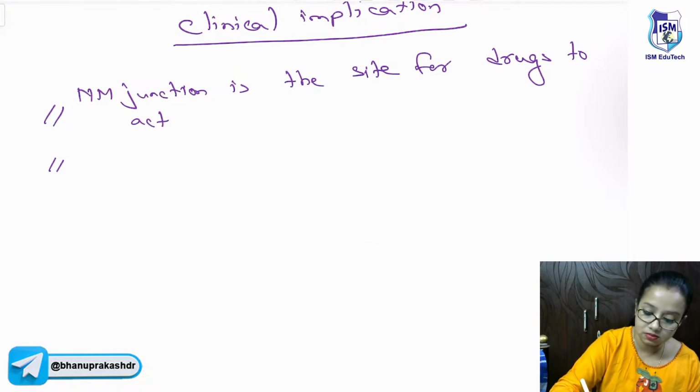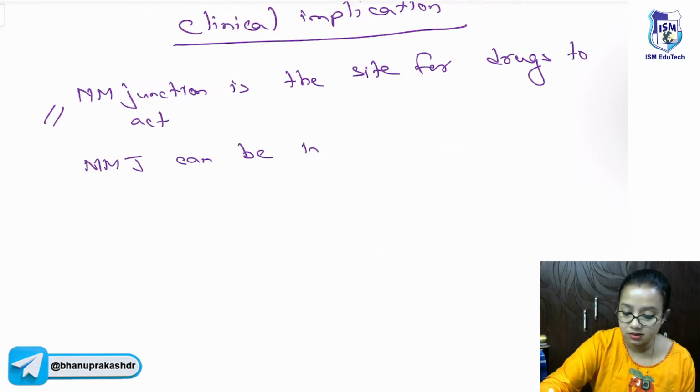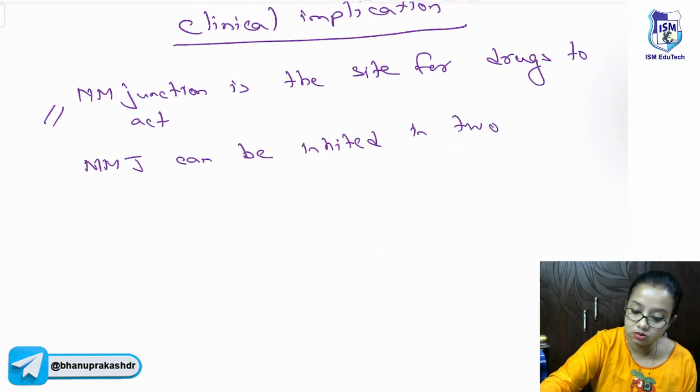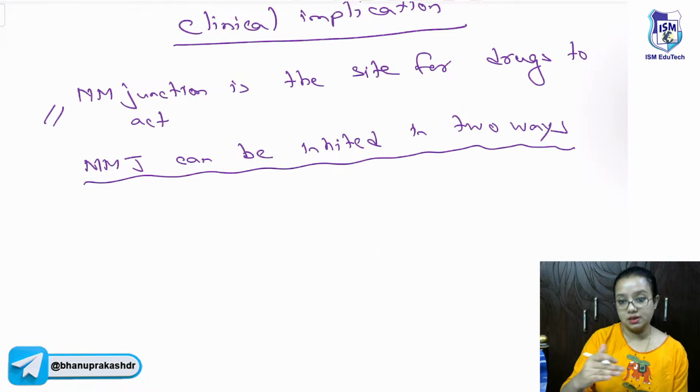Now this is of two types. The neuromuscular junction can be inhibited in two ways. Means the passage of the impulse to the muscle will be inhibited in two ways.